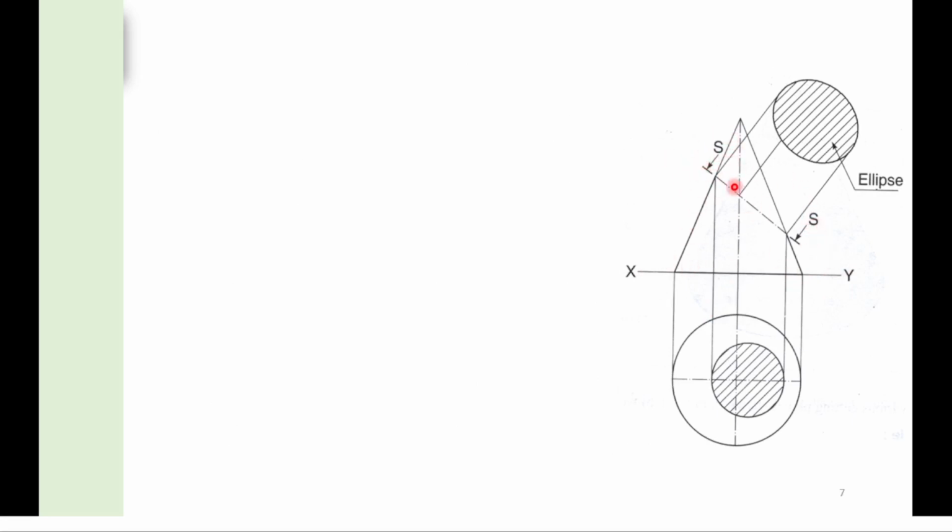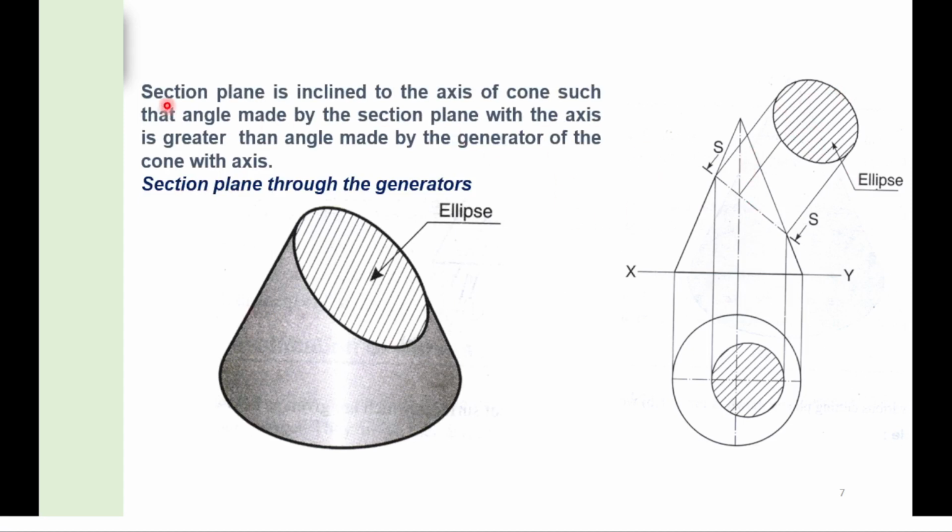This SS represents a sectional plane which passes through all of the generators and makes an angle with the axis which is greater than the angle between the axis and one of the generators. If alpha is the angle between the axis and the generator, and the cutting plane makes an angle beta with the axis, then beta will be greater than alpha. In this case the section we will have is the ellipse. So, as we have studied, when the sectional plane is inclined to the axis of the cone such that the angle made by the section plane with the axis is greater than the angle made by the generator of the cone with the axis, this will be the ellipse.